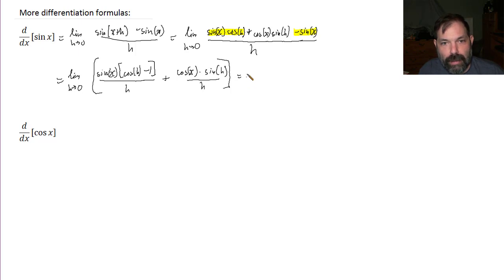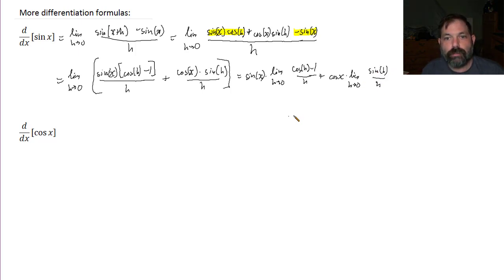So I can rewrite this as sine x times the limit with h approaching 0 of cosine of h minus 1 over h, plus cosine x times the limit with h approaching 0 of sine of h over h. Now, we learned about these special limits back in the limits topic in Unit 1.